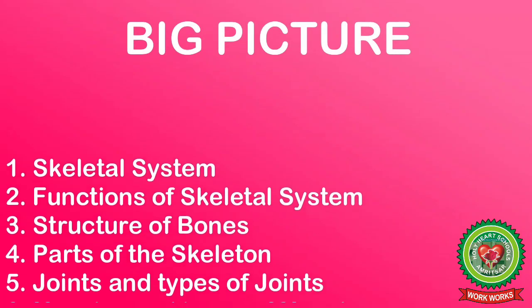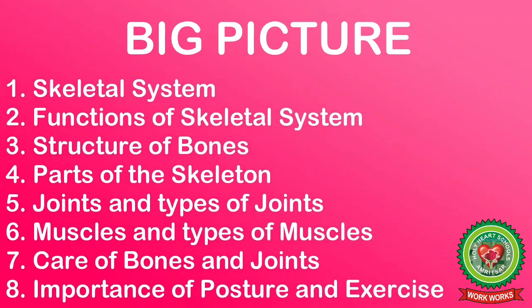Students, in this chapter we will discuss about skeletal system, functions of skeletal system, structure of bones, parts of the skeleton, joints and types of joints, muscles and types of muscles, care of bones and joints, importance of posture and exercise.